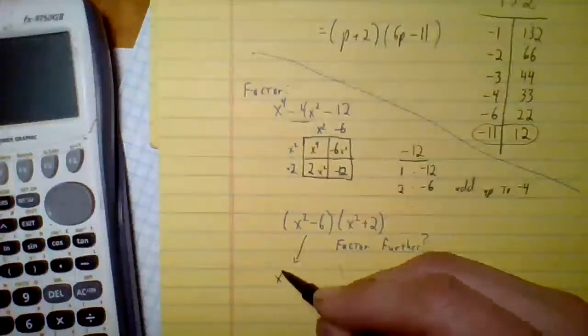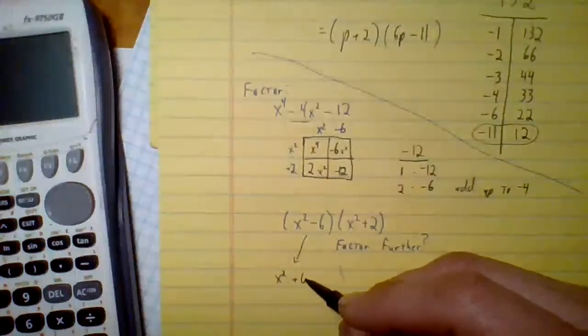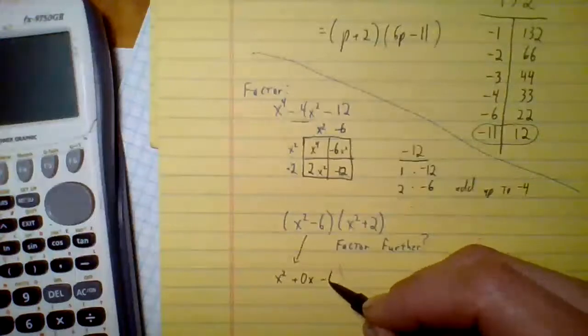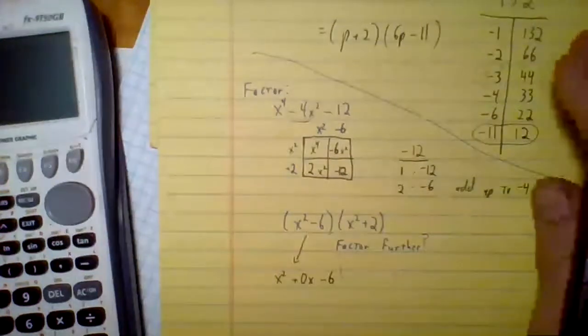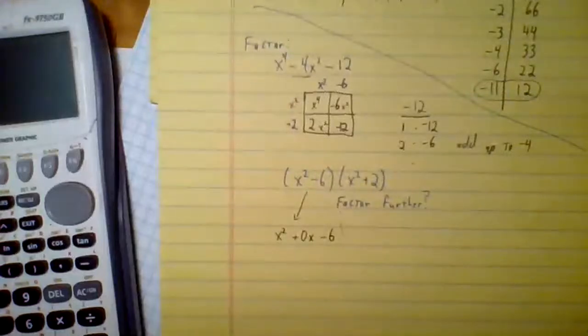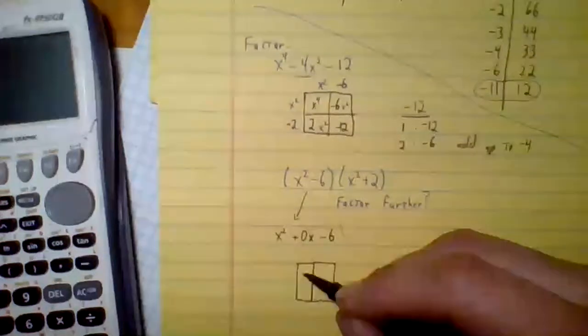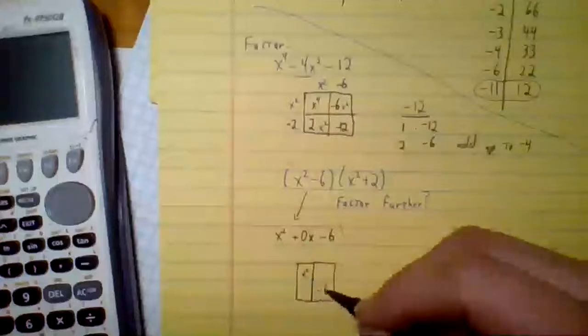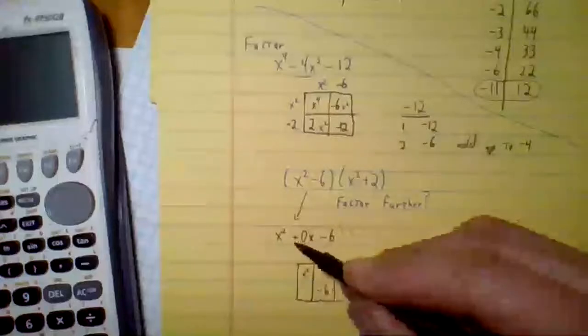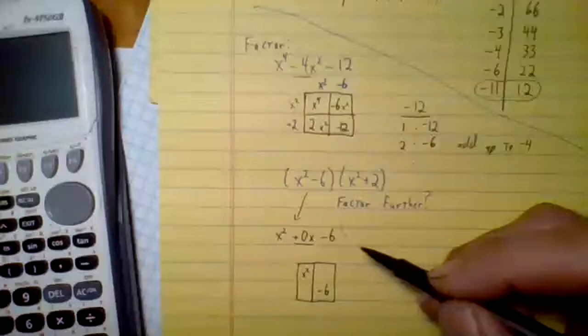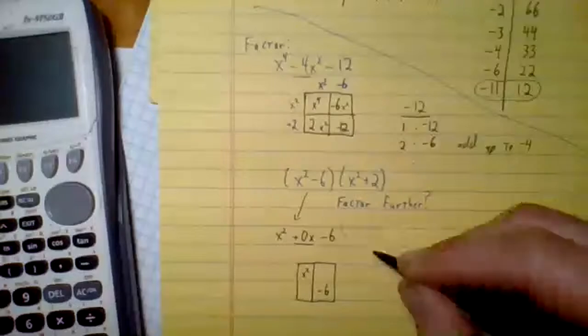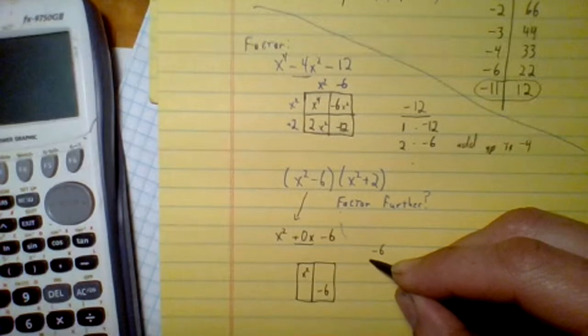It's really x squared plus 0x minus 6, a 3-term factoring problem just like before, and I can try to factor it with the same old routine. I don't have a GCF. X squared goes in, negative 6 goes in. I need numbers that add to 0 and multiply to negative 6.